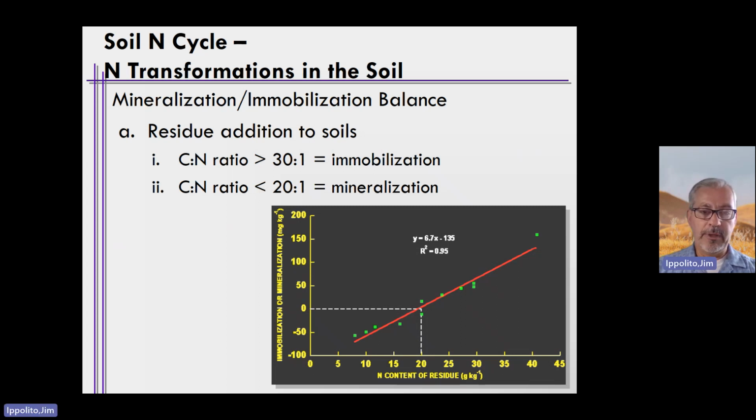And somewhere between 20 to 1 and 30 to 1, these two processes balance each other. And that's important to keep in mind. And so if you ever have an amendment tested and you're interested in the carbon to nitrogen ratio, you can ask a testing lab to analyze for total carbon and total nitrogen, and you simply calculate the ratio yourself or the lab will calculate it for you.